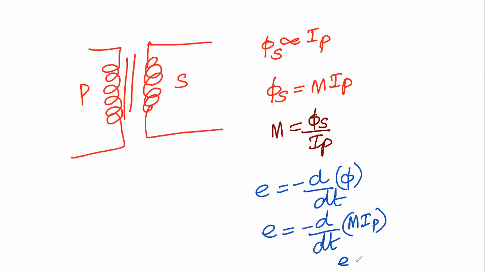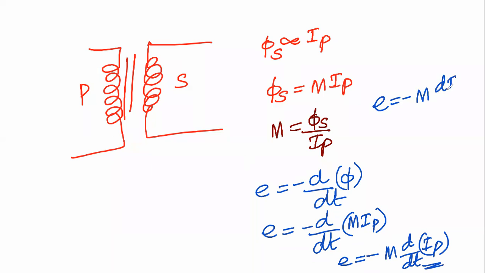That is, E is equal to minus M into d by dt of IP. Like this, induced EMF E is equal to minus M into di by dt. These are the formulas, right? This is a very small chapter.